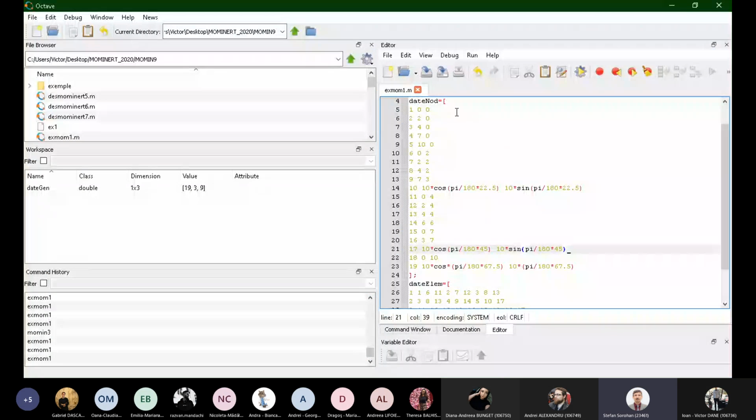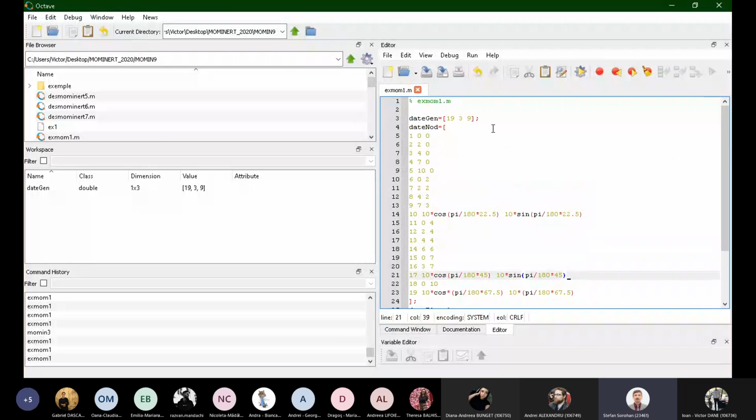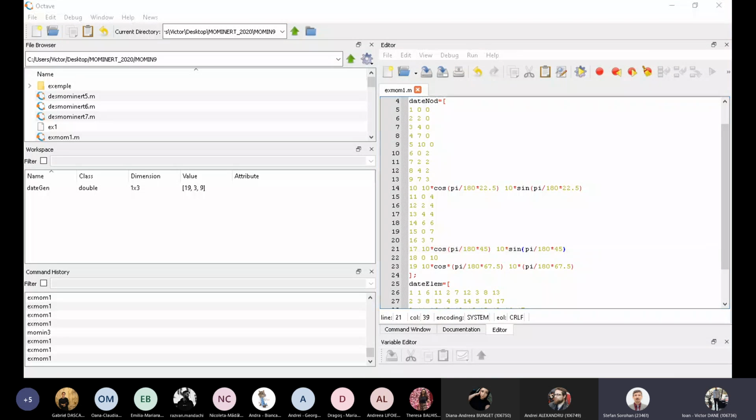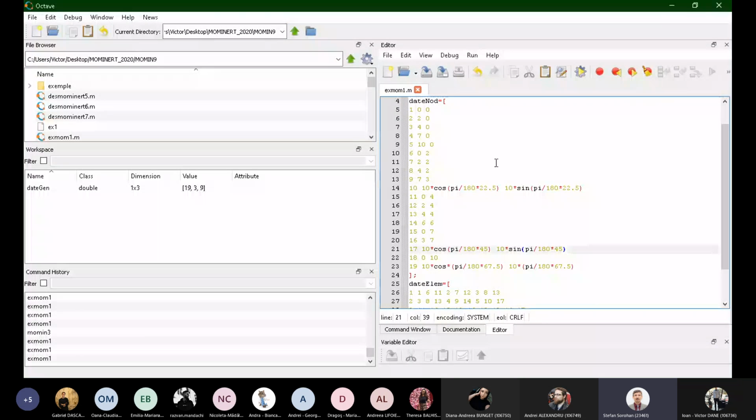Okay, we can see. So, you try to work at the same time as me. It's not a good idea, but usually it's better to check. So this is your input data file. It's in MOMINERT, right? Yes. Its name is xmom1, right? Yes.